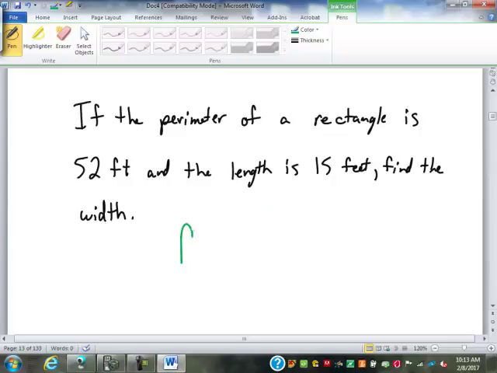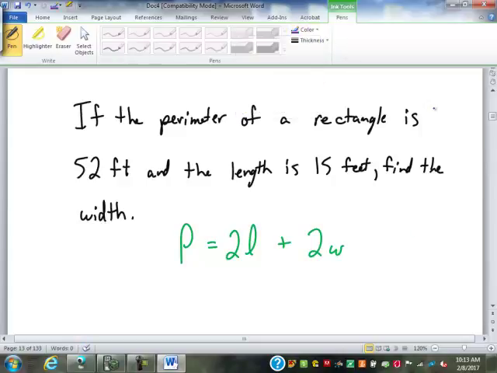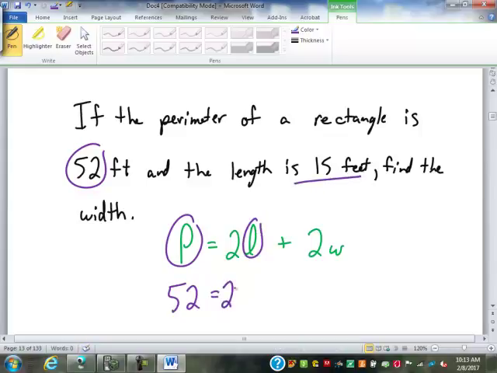I bet. So perimeter is equal to 2 times the length plus 2 times the width. We are given P, the perimeter is 52, so we're going to plug that in. We are given L, the length is 15, so 2 times L becomes 2 times 15 plus 2W.